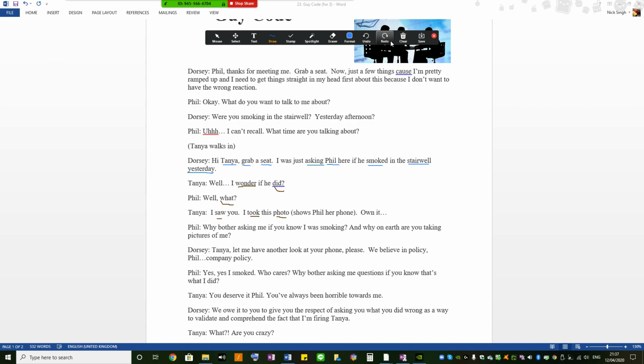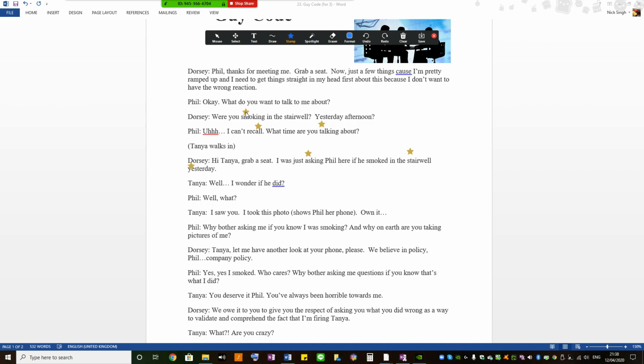Now besides teaching sentence stress, you can also look at word stress, and I normally just mark it with a simple star or tick or something like that. So let's just use a star. Asking, stairwell, yesterday, recall, talking, smoking.